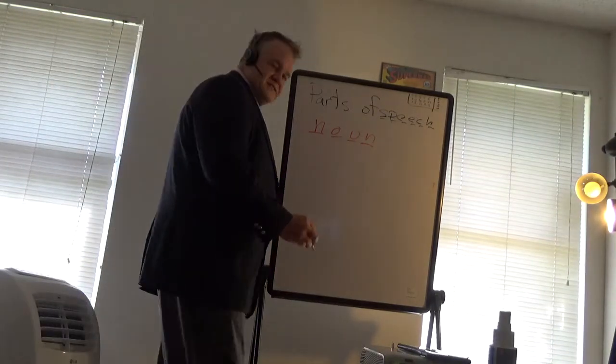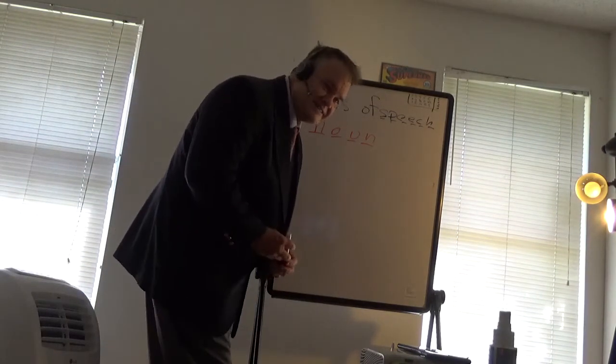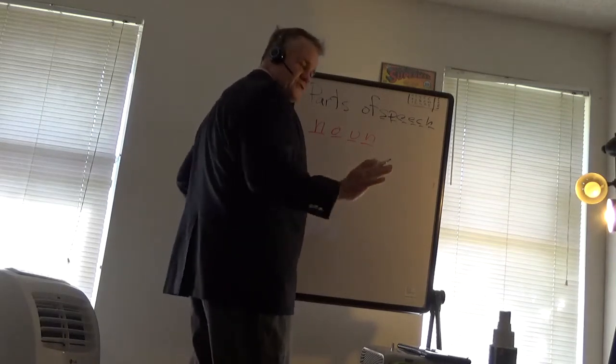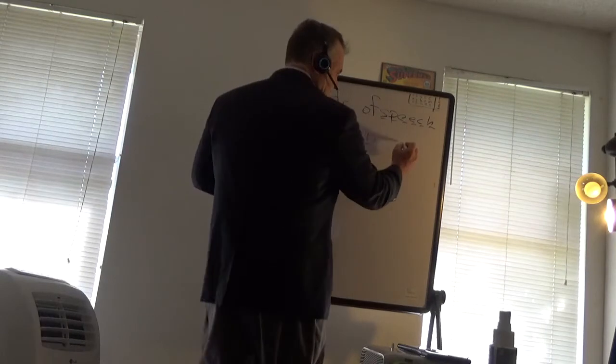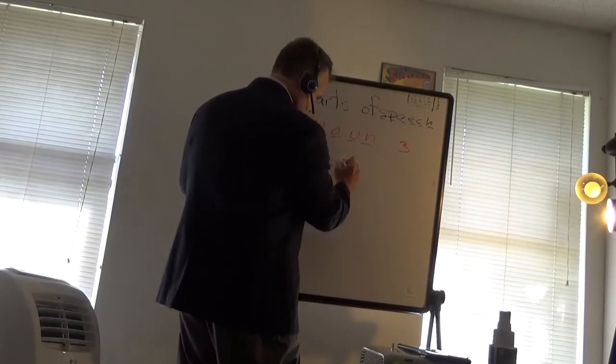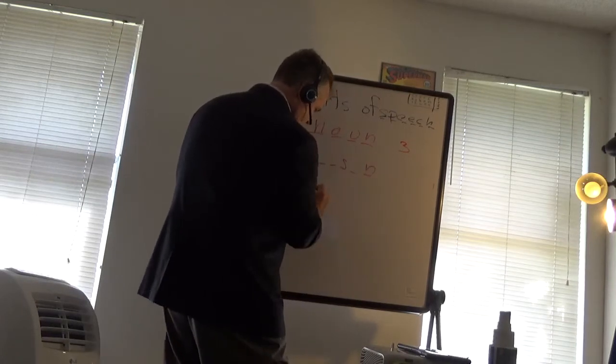Now I would say, all right, noun. Do you know what a noun is? Let's just for the sake of this class say a noun is one of three things.